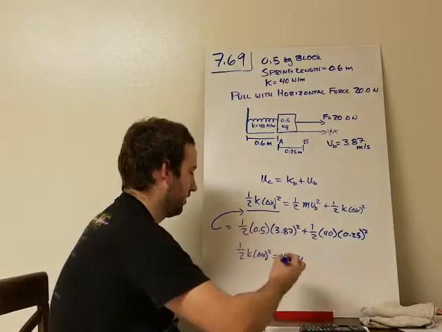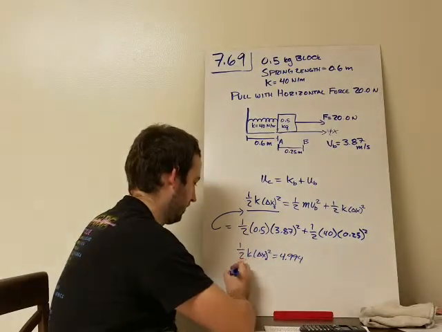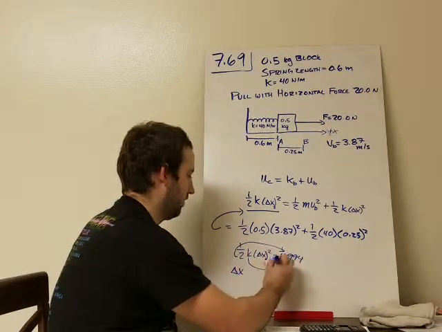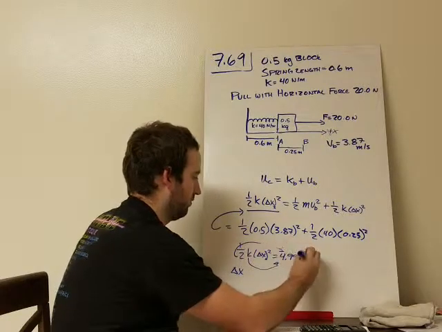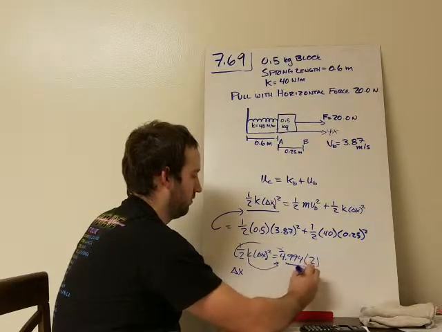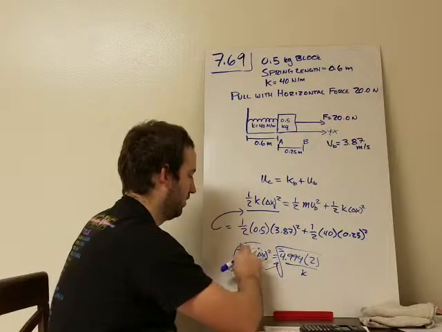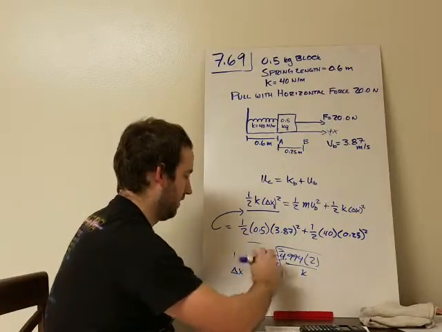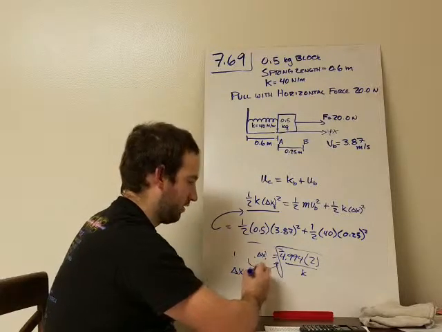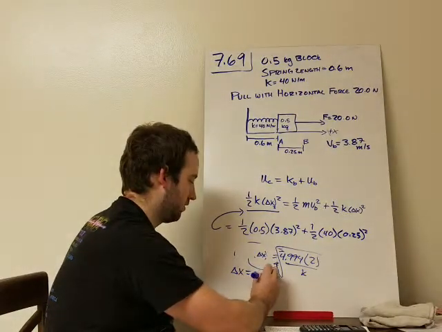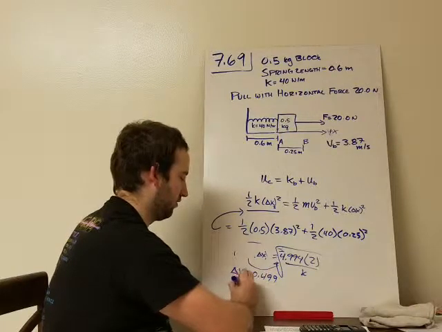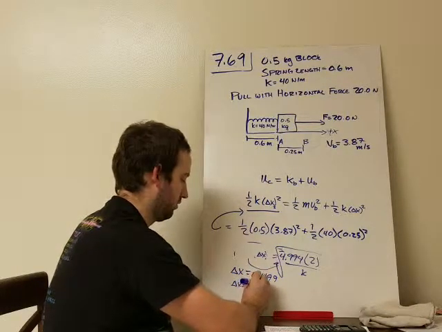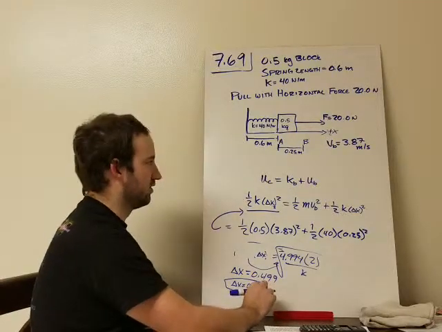So like I said, I multiplied by 2, divided by k, and took the square root, and that is what equals delta x. Plugging that into the calculator, we get 0.499, so we'll just say 0.5. So delta x equals 0.5.